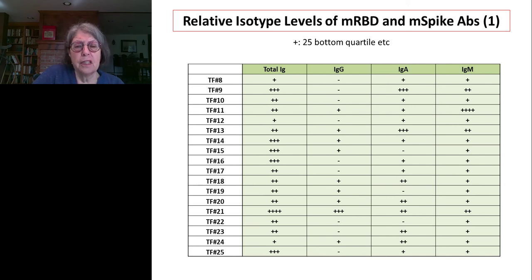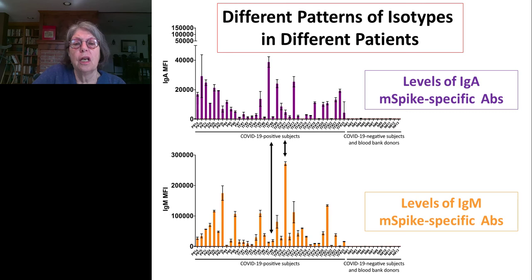Another way of seeing the fact that different patients have different relative levels and different relative patterns of isotypes: you can look at these two graphs, which are the graphs I showed you before for IgA and IgM. And I've drawn these two-headed arrows connecting two of the patients, showing you that the first arrow, this particular patient, had a great deal of IgM, but very little IgA.